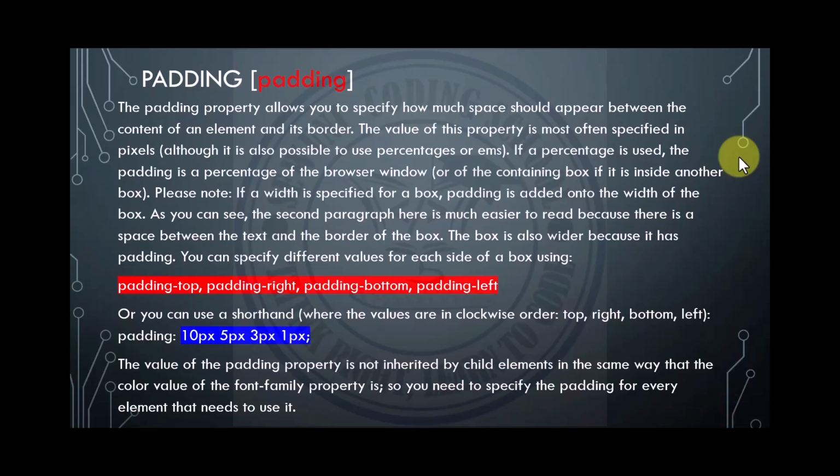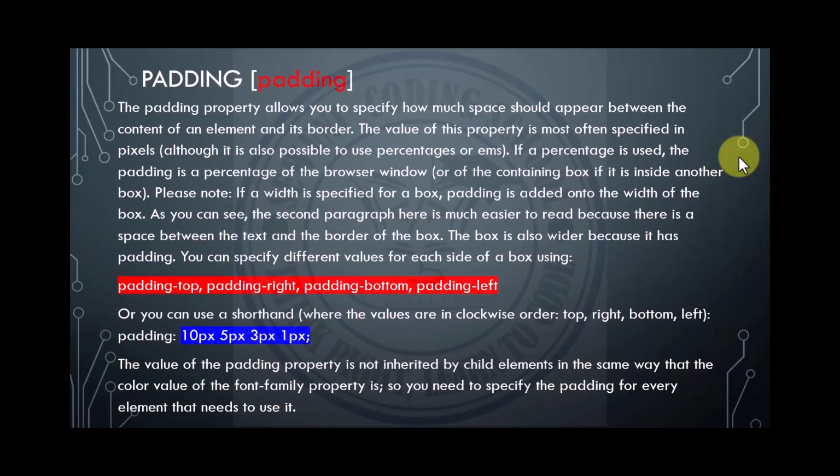I also indicated that the box is wider because of its padding, as in the space from the edge of the box to the content. Different values can also be ascribed to each side of the box. So that's padding top, padding right, padding bottom, and padding left, just like we were doing in the other styles.